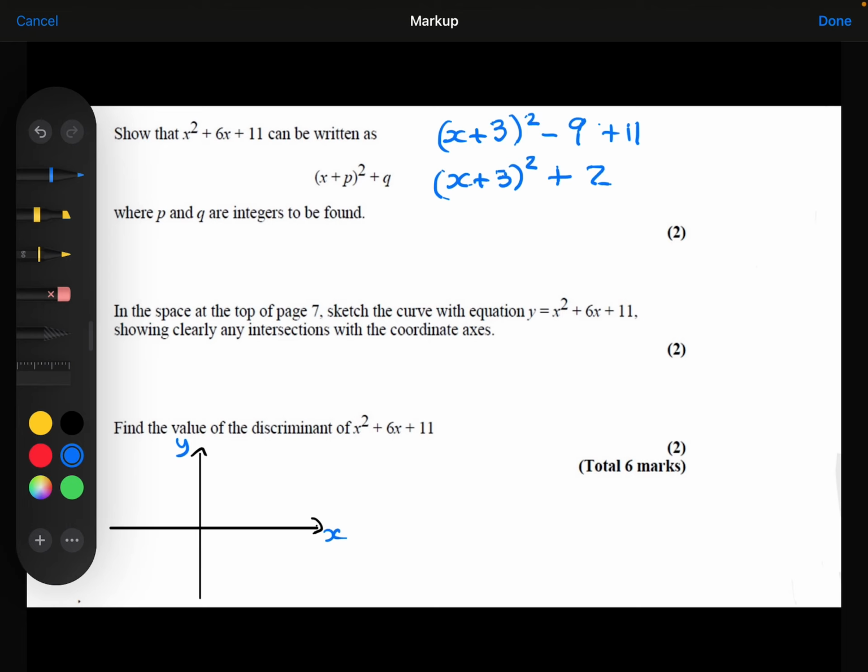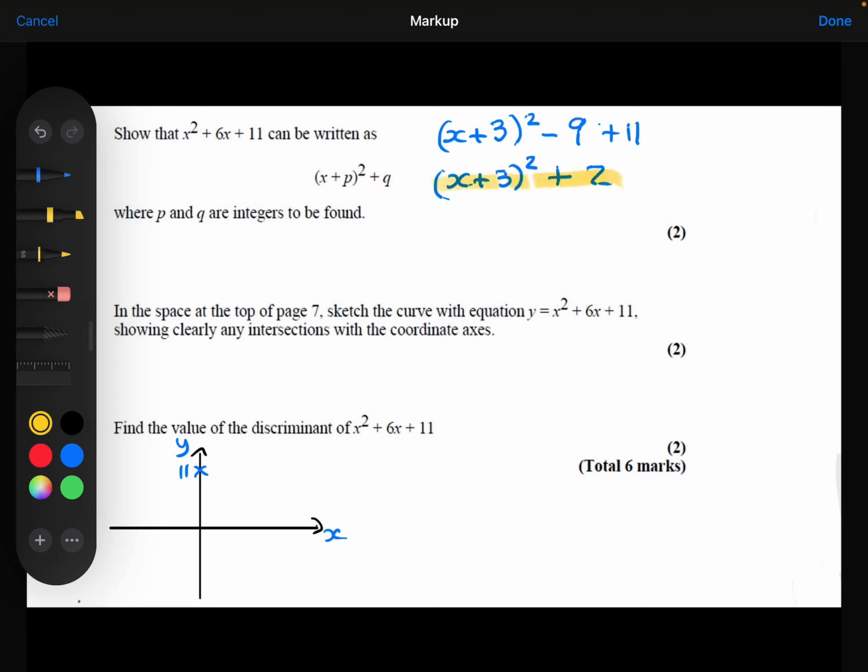Right, I can see that it's going to intersect on the y-axis at plus 11. When x is 0, I just see that y is equal to 11. So I know it's going to go through the coordinates (0, 11).